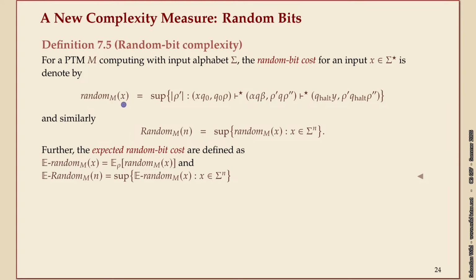Again, if you fix just the actual input, it's a random thing. So it's the random number of random bits that you used. And the uppercase version is the worst case over all possible random bit strings. Again, it could be infinite. So oftentimes we'll talk about the expected number of random bits that we used.